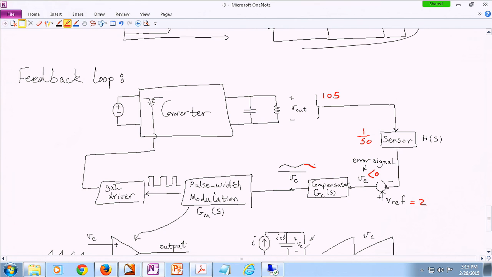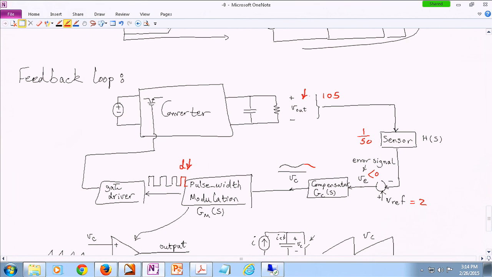Remember, this modulator is converting level into width, so the pulses are going to get narrower, or basically the duty cycle goes down. In any of these converters that we have seen, if the duty cycle goes down, the output voltage goes down, to get to 100.